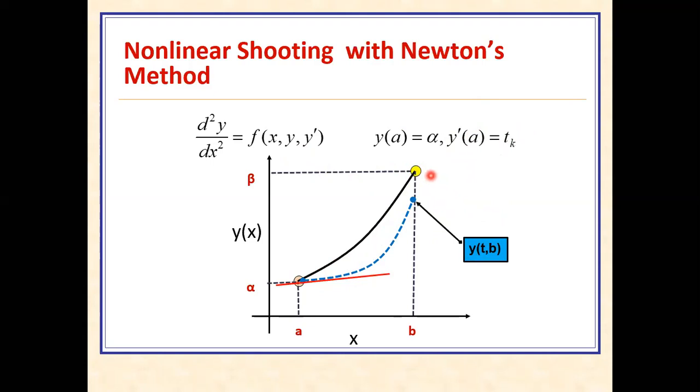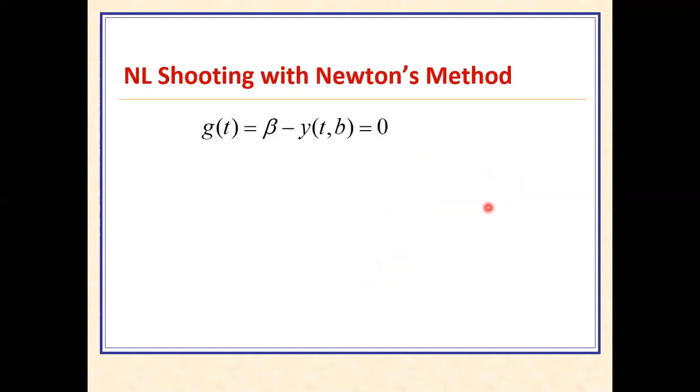The problem of looking for an optimum value of slope can be accelerated by defining a function g of t, which is the difference of the boundary value beta minus y of b, the value of y at the last point for a given slope value t. So in particular, we are interested in solving the problem g of t equal to 0.